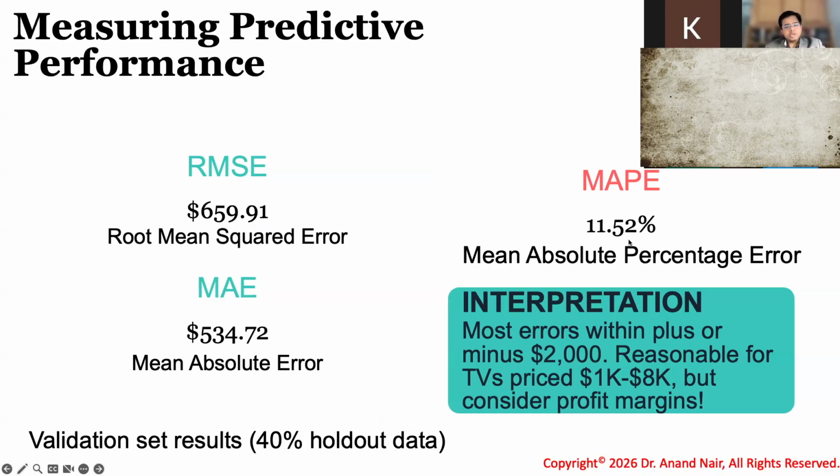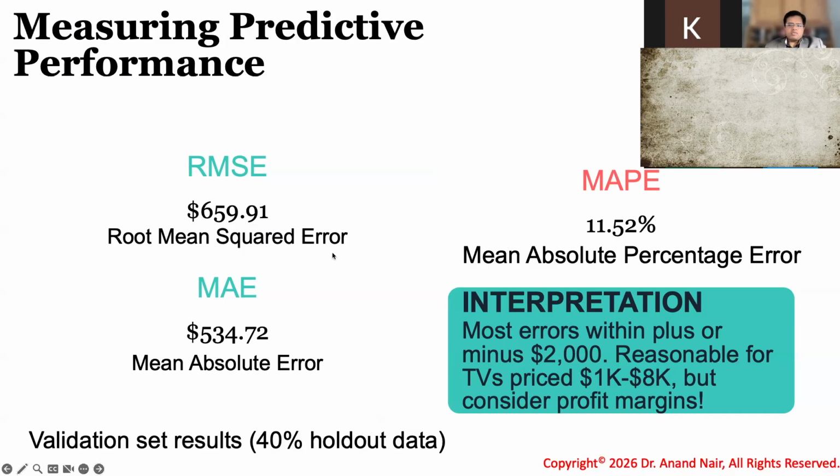Now, whether it's good or bad, that depends on our profit margins. Having 11.52% error, does it impact our profitability quite adversely? In which case, we'll have to think about it. So that's something which is a concern that we will view in light of what the value of that is.